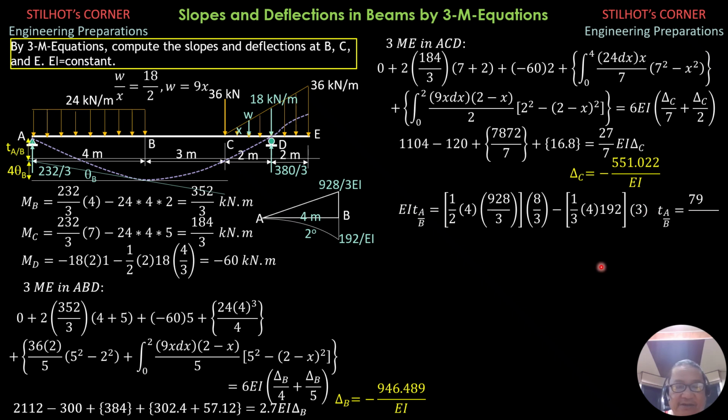So that deviation is positive 7936 over 9 EI because A is above that reference tangent through B.